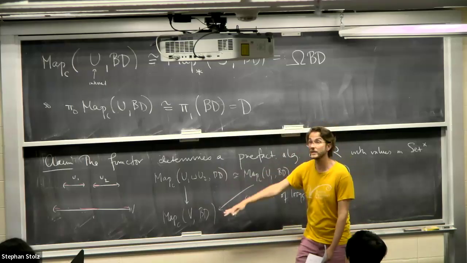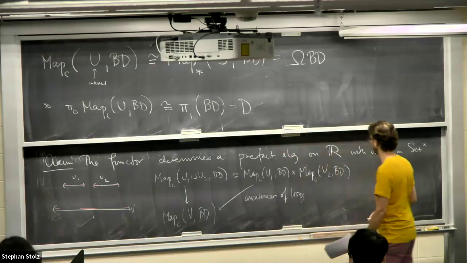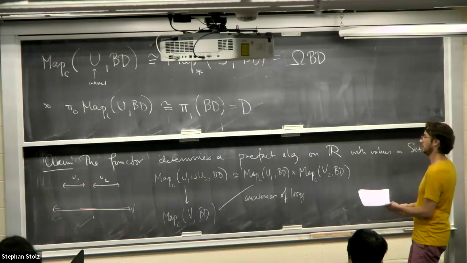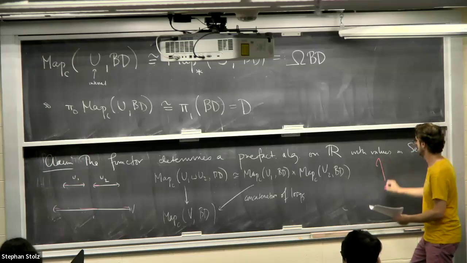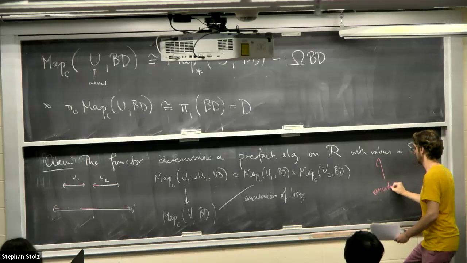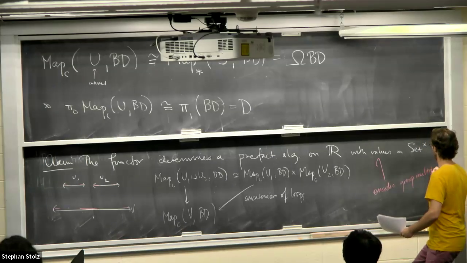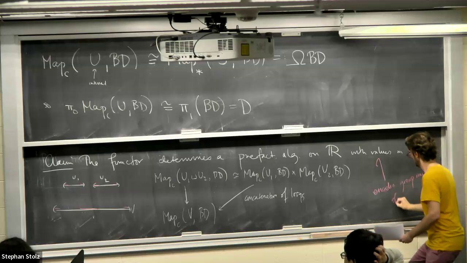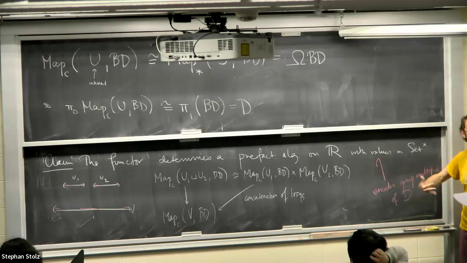So when you apply pi naught to it, you're seeing the multiplication. So it's not just this, but it completely encodes the group multiplication. So we have a prefactorization algebra that knows D.